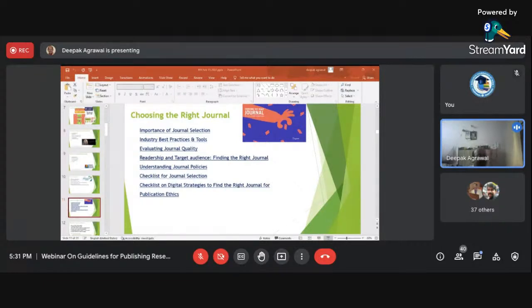Now, suppose I have published one paper which is hardcore related to corporate financing, which may not be so suitable to scholars of the humanities or maybe the pure sciences.